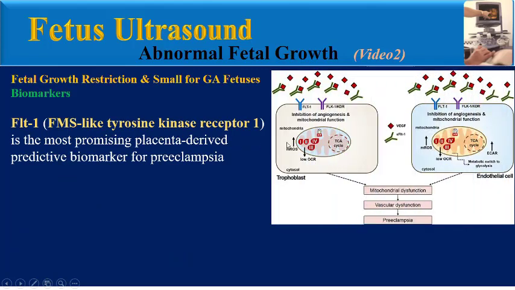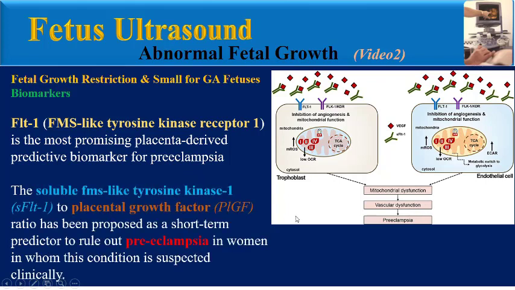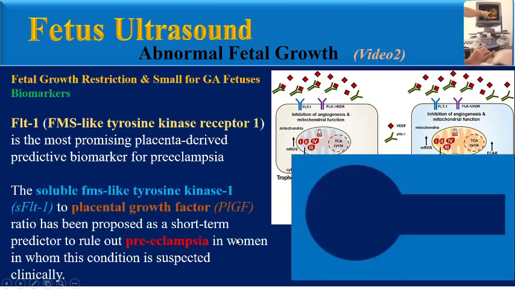FMS-like tyrosine kinase receptor 1 is the most promising placenta-derived predictive biomarker for preeclampsia. The soluble FMS-like tyrosine kinase 1 to placental growth factor ratio has been proposed as a short-term predictor to rule out preeclampsia in women in whom this condition is suspected clinically.